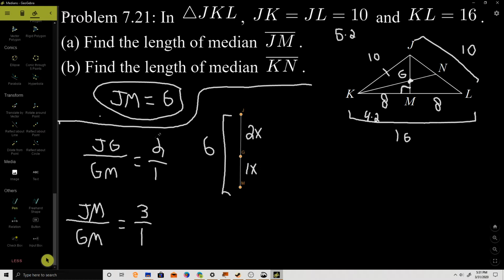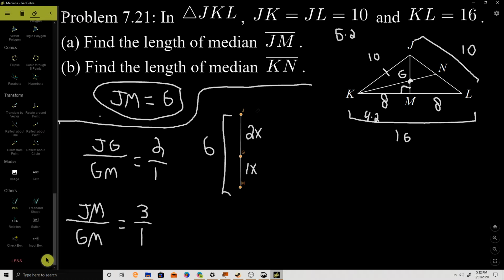The reason you put x is because you're not exactly sure what JG and GM are. In the previous problem I put 2 and 1, but you should really put 2x and 1x since the measures of JG aren't 2 and GM isn't going to be 1. But the idea is JG's quantity is twice as much as GM's quantity.